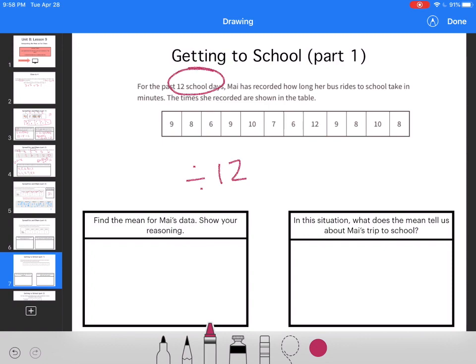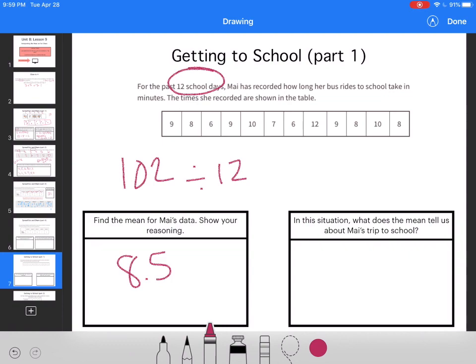So 9 plus 8 plus 6 plus 9 plus 10 plus 7 plus 6 plus 12 plus 9 plus 8 plus 10 plus 8. Man, I said 8 a lot. So I wonder if it's going to be close to 8. And it's 12 because I have 12 different times, and it's 8.5.